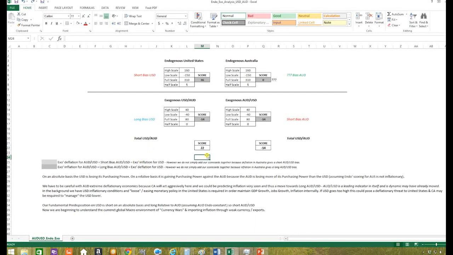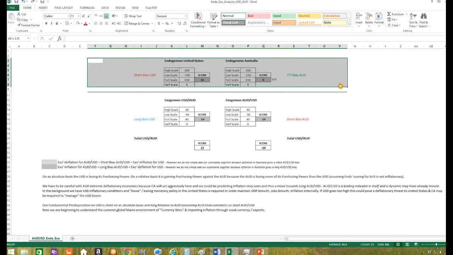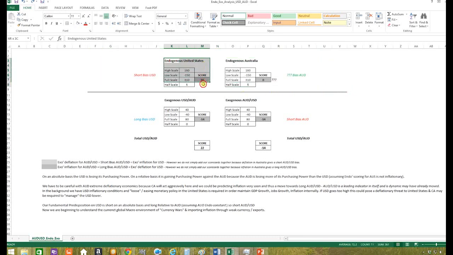So what we have first on the top of the spreadsheet is our endogenous analysis from earlier. On the left-hand side, we have our familiar scale from the endogenous driver analysis spreadsheet, where we're looking endogenously at the United States with our total full scale of 310 points, of +160 to -150, with a half scale of 5.